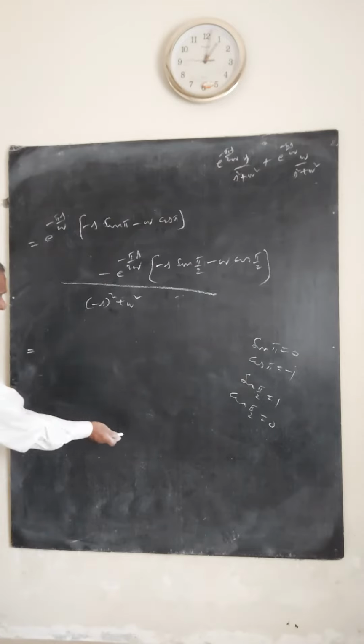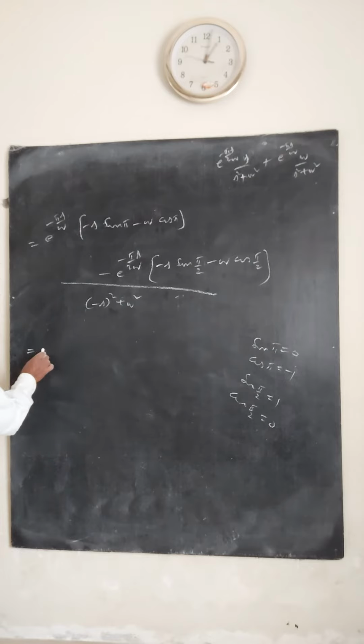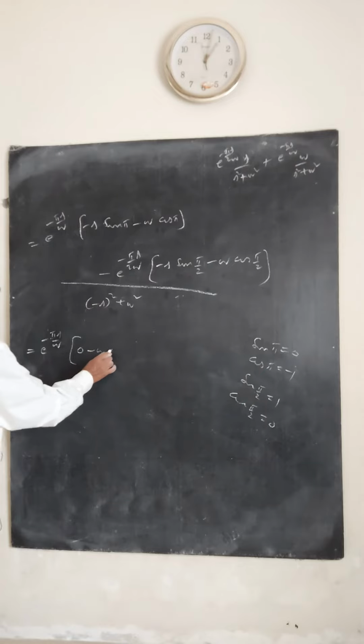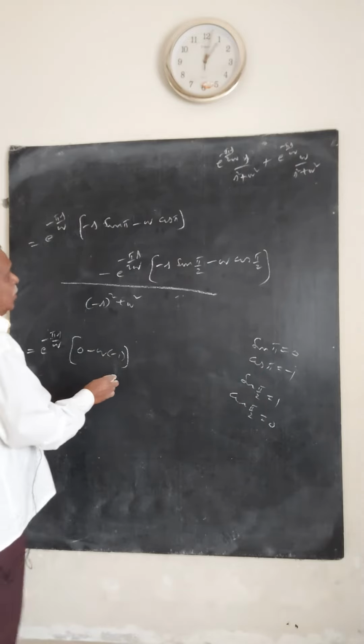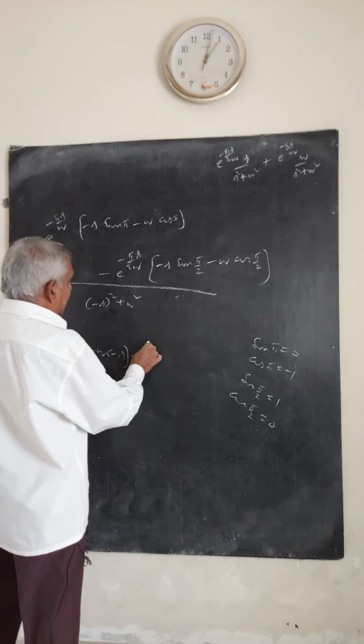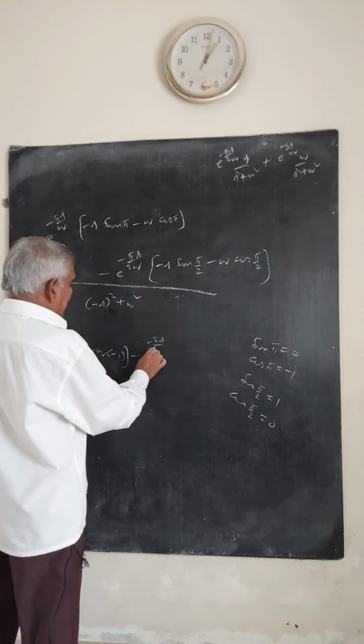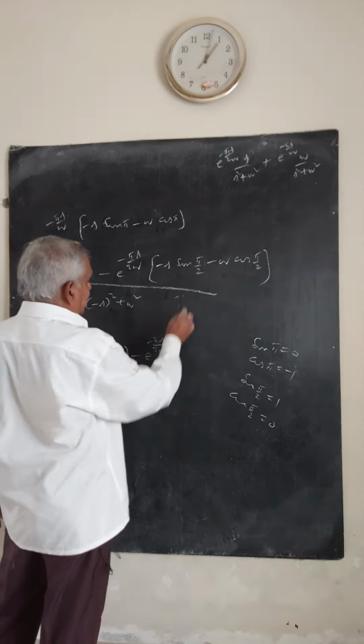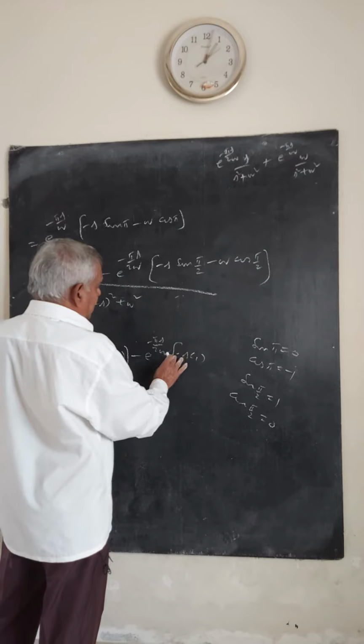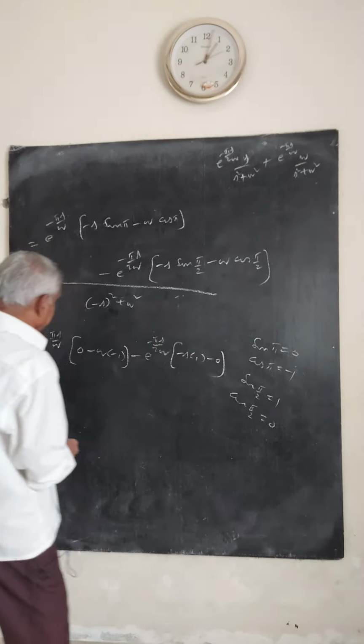I don't know whether I have written the denominator in the previous step or not. E power minus s pi by omega, sin pi is 0, omega cos pi is minus 1, minus e power minus pi s by 2 omega, minus sin 90 is 1, cos 90 is 0.